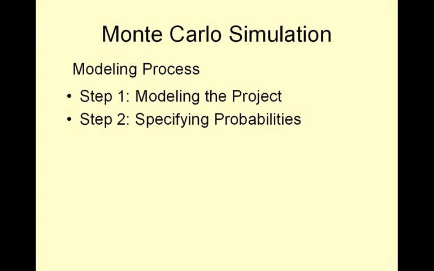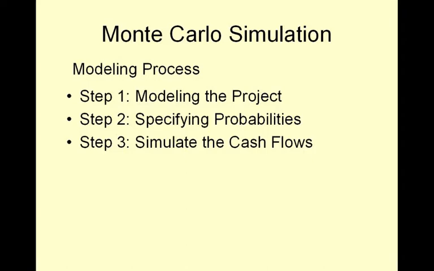Once we've established the probability distributions for the key variables that might influence NPV, we proceed to step 3, which is to simulate the cash flows. Monte Carlo simulation allows for the running of 1,000 scenarios really quickly, and for each scenario, a net present value is calculated.